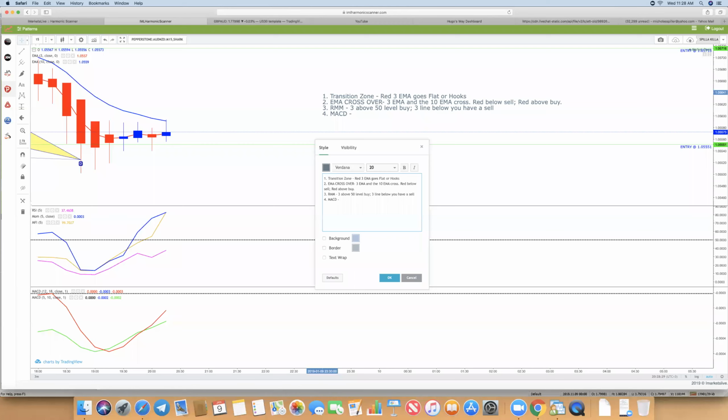So the MACD has a 0 level, right? When the green line crosses the 0 level going up, notice I'm putting it in caps, going up, it's a buy.